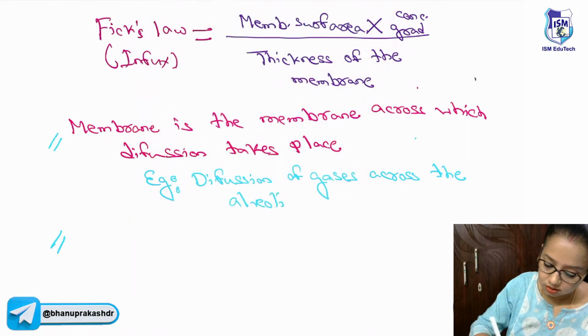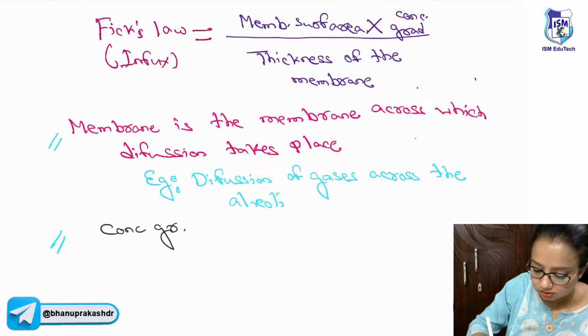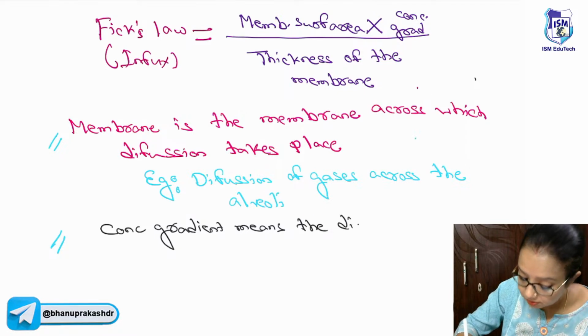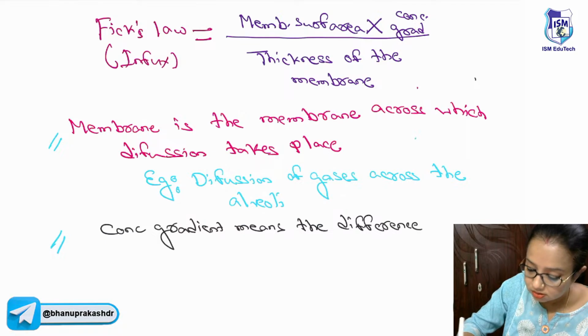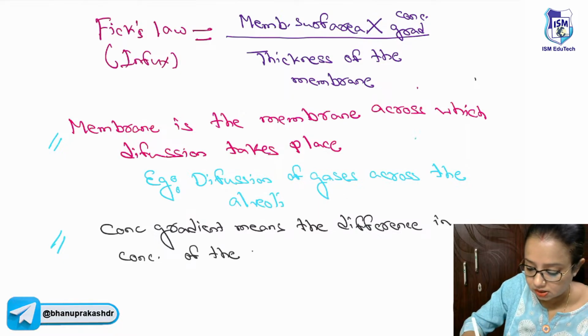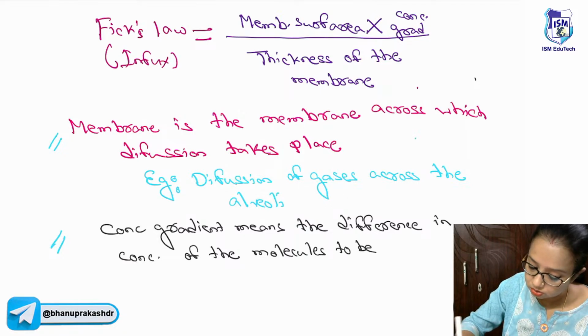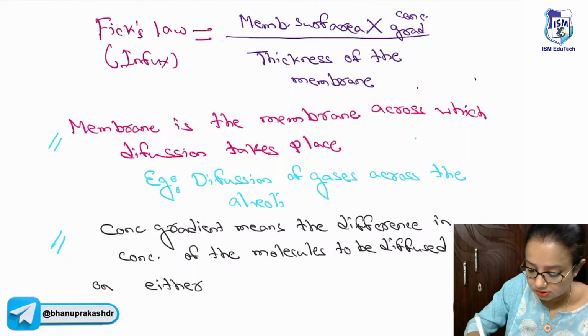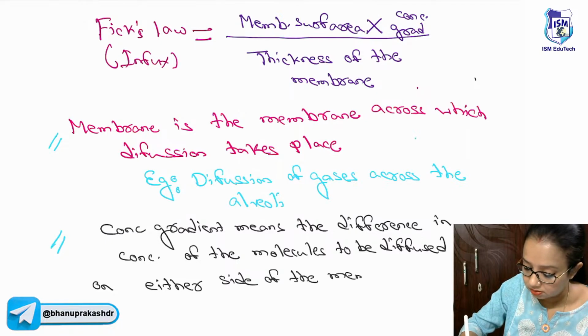Here, concentration gradient means the difference in concentration of the molecules to be diffused, okay, on either side of the membrane.